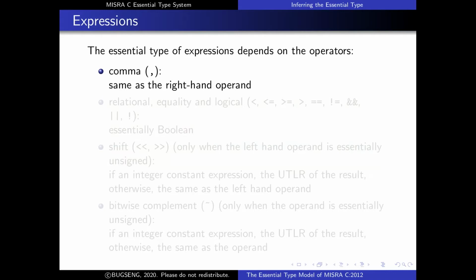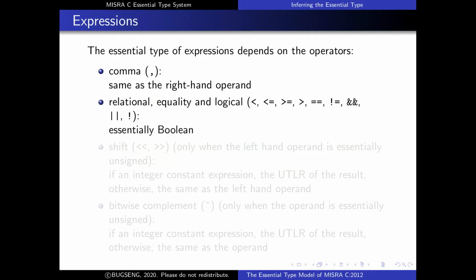Okay, now the behavior with respect to the operators. So the essential type of expressions, we see them for each expression. So for the comma operator, the essential type is the same as the right-hand operand. This is easy because, as you know, the first operand is evaluated, but the value is ignored.